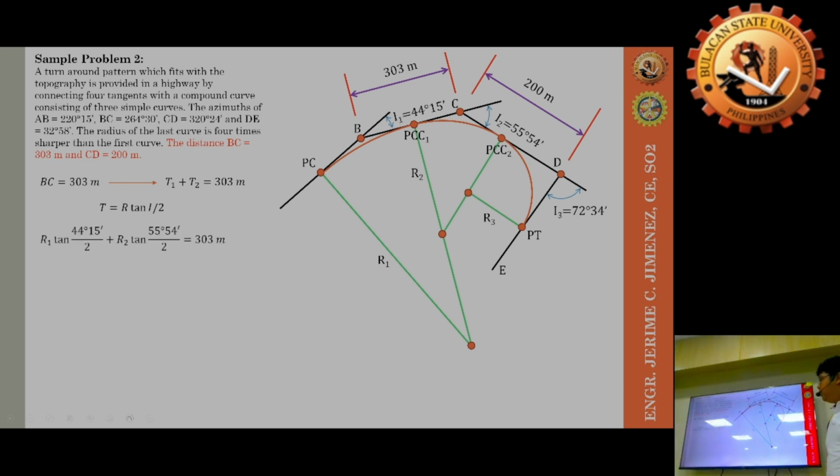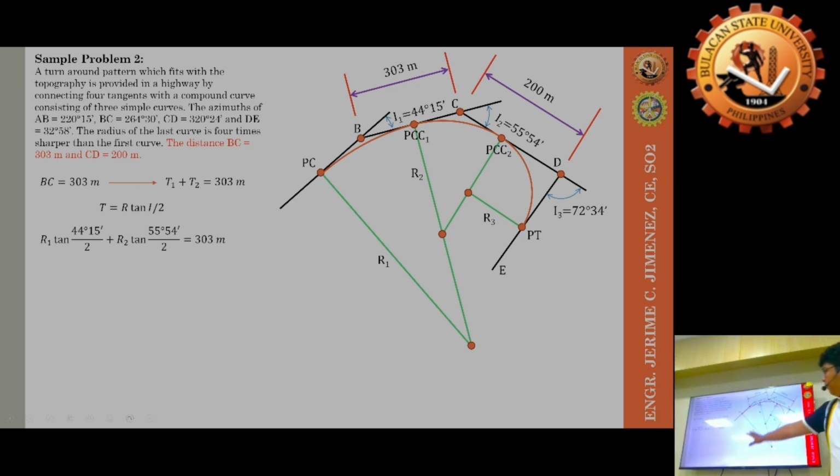R sub 1 multiplied by tangent 44 degrees 15 minutes all over 2, plus R sub 2 multiplied by tangent of 55 degrees 54 minutes all over 2, is equal to 303 meters. Kailangan natin dito makakuha pa ng isa pang equation to perform simultaneous equations.